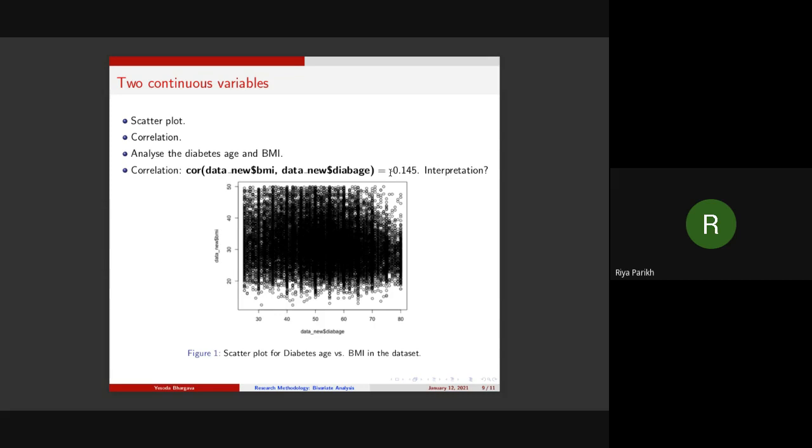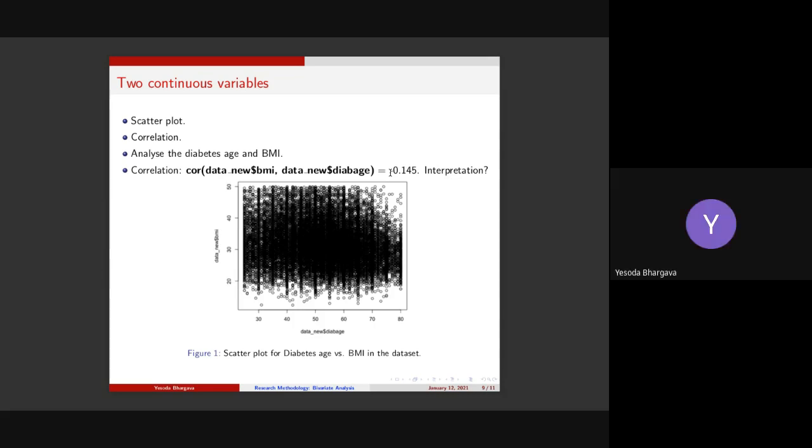Like, how can I tell? Higher BMI, as we saw, higher BMI causes diabetes. And so when age increases, no, I'm not able to make out anything.